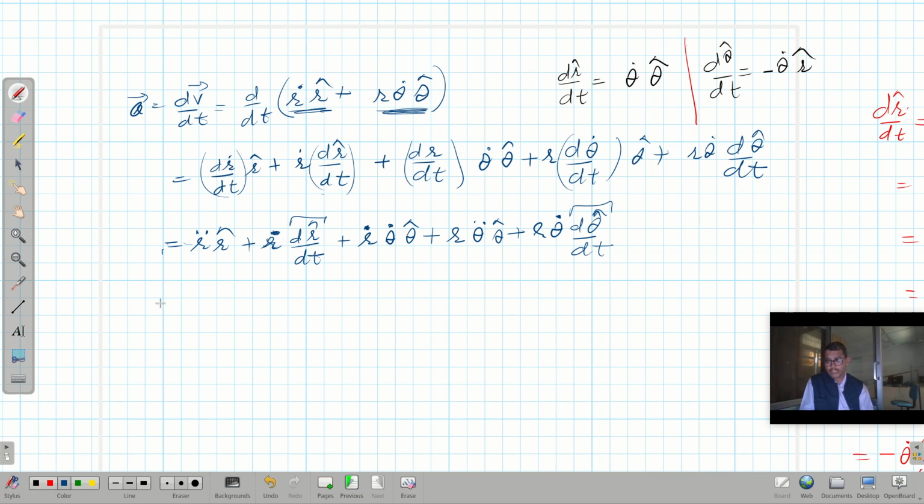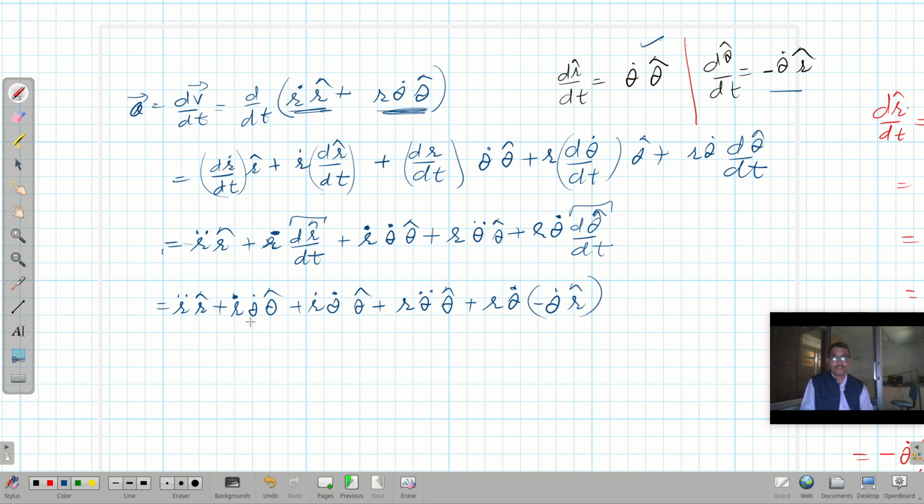Let me put these values here. It can be written as r double dot r cap plus r dot theta dot theta cap, plus r dot theta dot theta cap, plus r theta double dot theta cap, plus r theta dot times minus theta dot r cap.